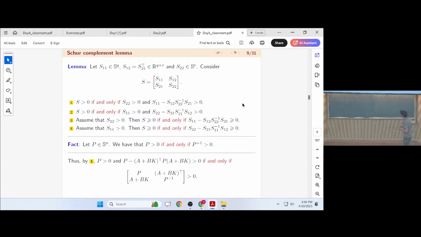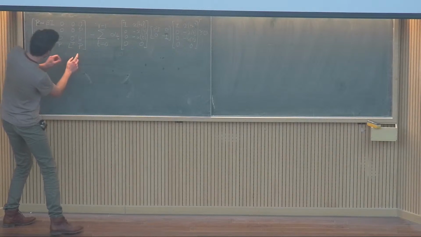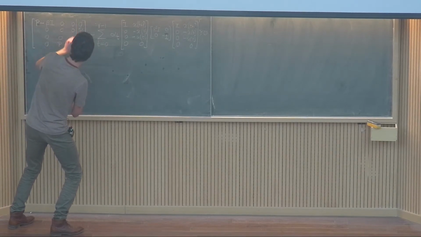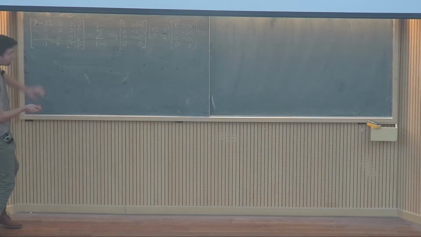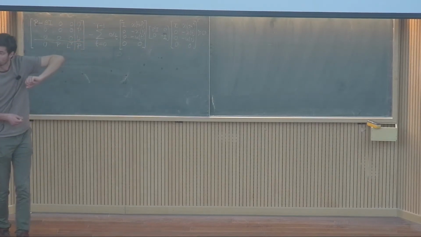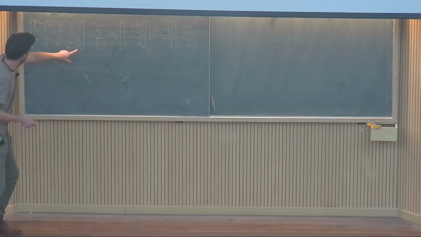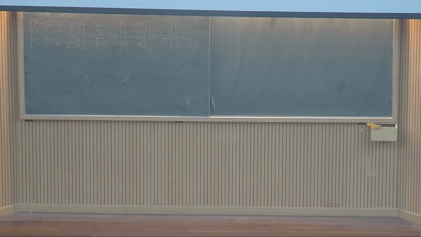So what do I do? Well, I view S as this big matrix over here. The S22 I view as just the matrix P. So I make this partition. This 3 by 3 block matrix over here denotes the S11, and the P here denotes the S22.